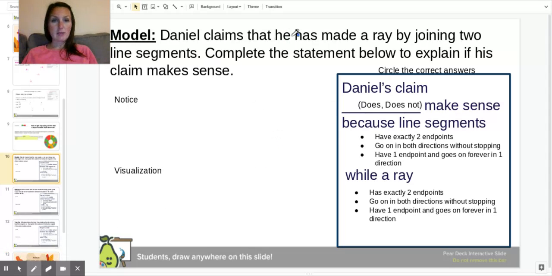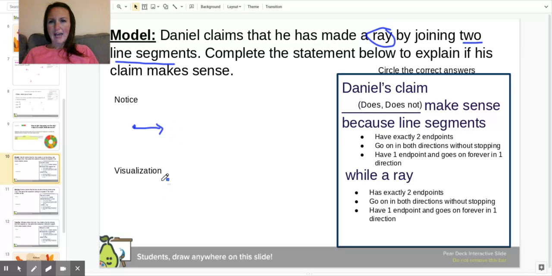Okay, it says Daniel claims he has made a ray. Well, what do I know? What does a ray look like? I think of that cheerleader, hooray. So I know a ray should look like this, one endpoint and one arrow. He says that he's joining two line segments. Okay, so I noticed that there are two line segments he's talking about.